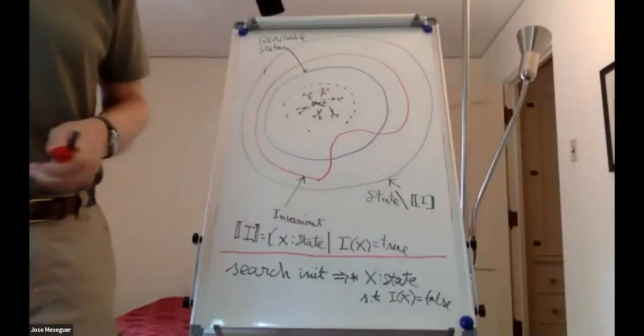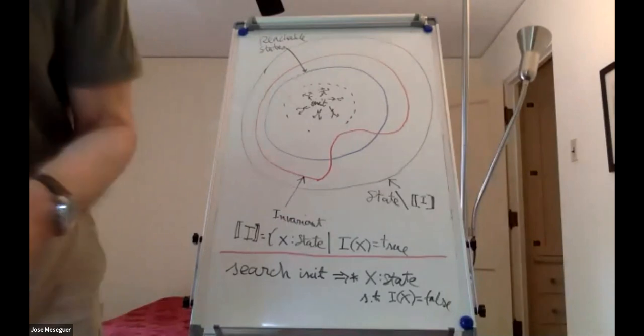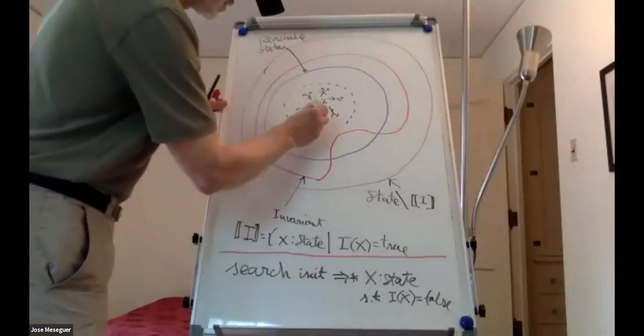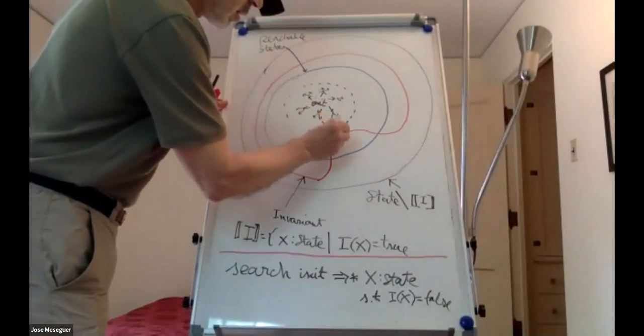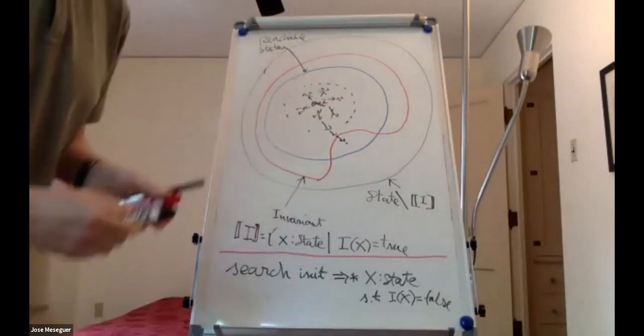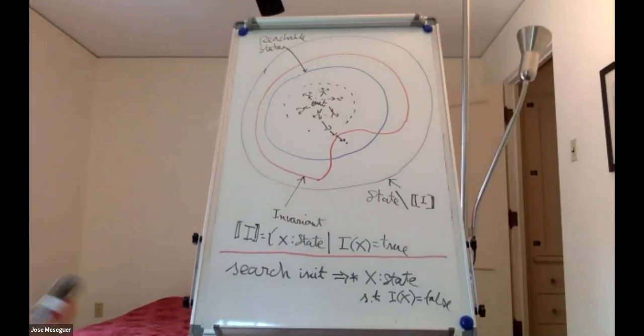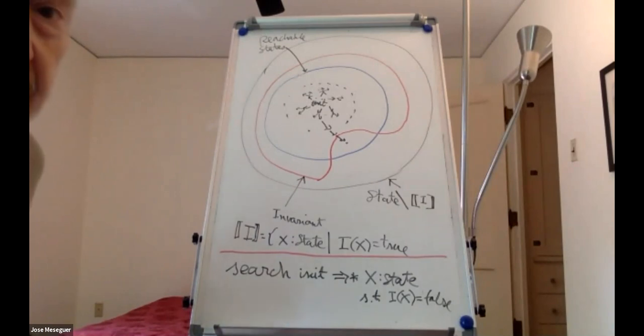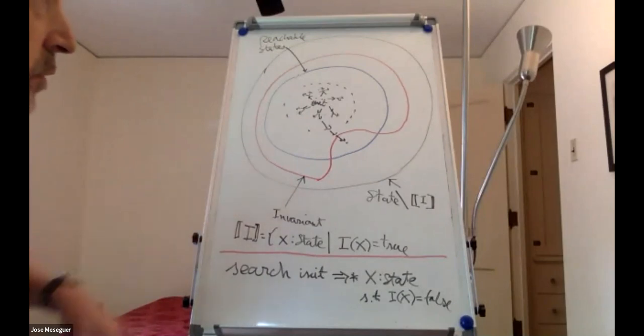But if it looks like that, then of course we will hit a point here at finite depth. So regardless of whether the number of reachable states is finite or not, by breadth first search, we are guaranteed that if the invariant is violated, we will find a counterexample. And so this is it.